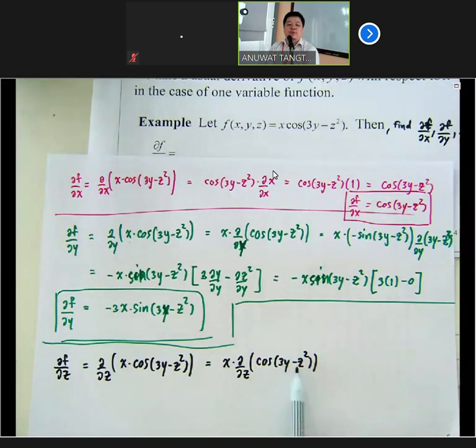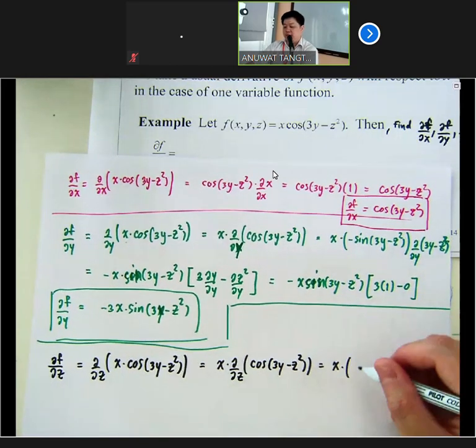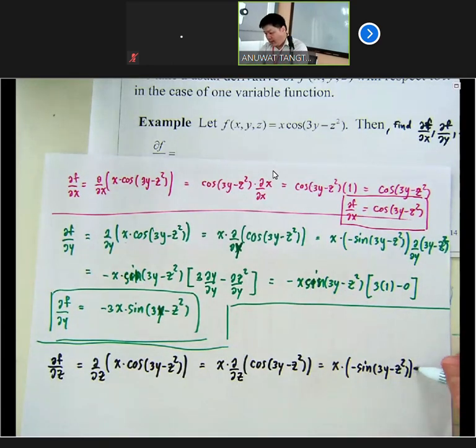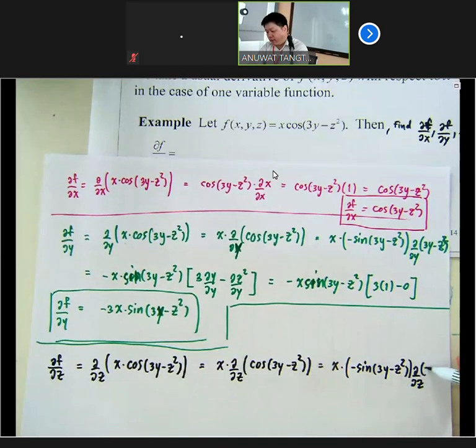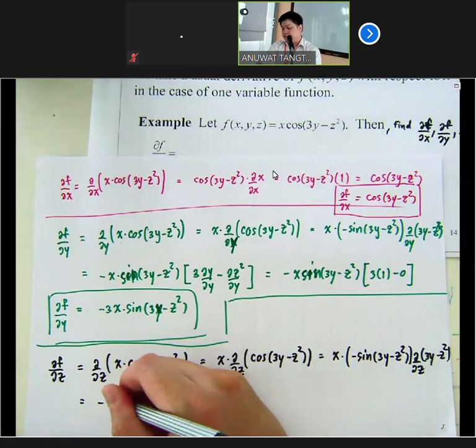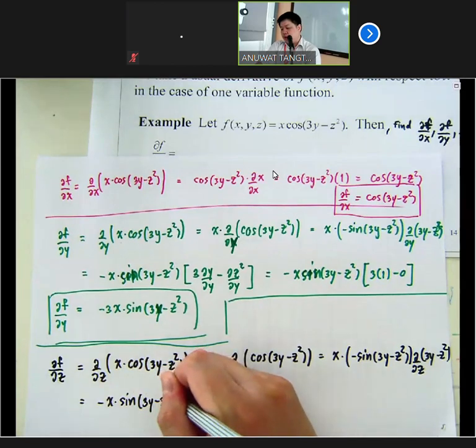Cosine of a function of z, when we find the derivative, we need to apply the chain rule. So that comes out the same as the previous case. We get minus sine u, and then d by dz of 3y minus z squared. Minus x times sine of 3y minus z squared.